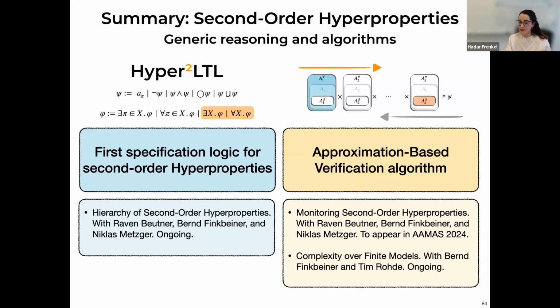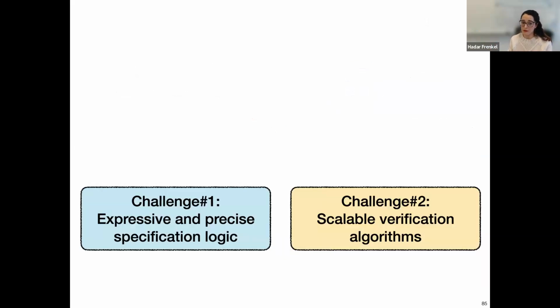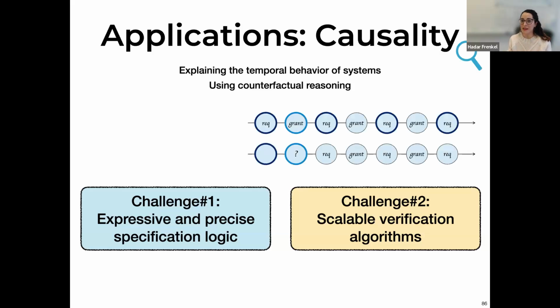And now, just before I summarize, I want to talk at a very, very high level about a different application. I take you back to one of my first slides in which I said that the challenge is in providing expressive specification logic and in providing scalable algorithms. And I want to give you some overview, if you're interested to talk later, about my work in causality.